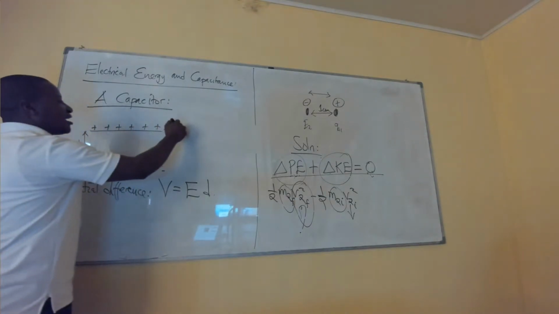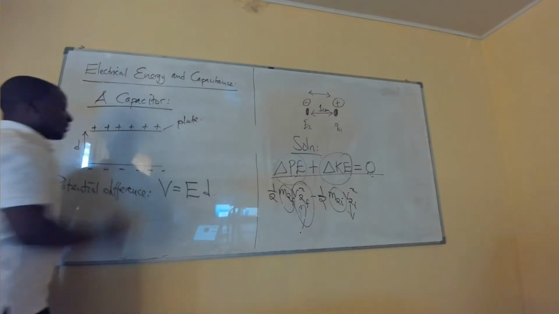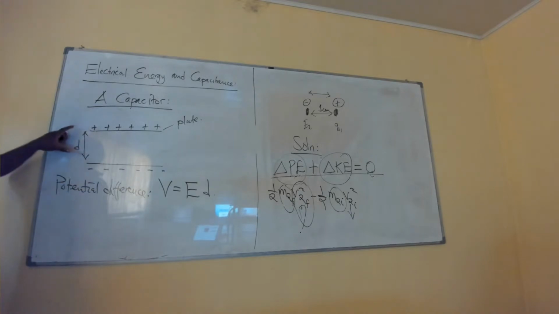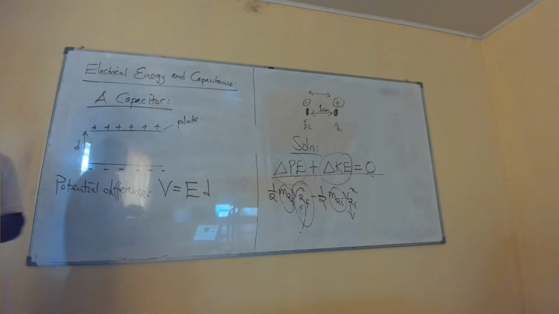This is, of course, a plate, positively charged, and then you have a negative charged plate here. Now, for us to find the voltage across this capacitor is nothing but the electric field that it produces multiplied by the distance between the two plates.